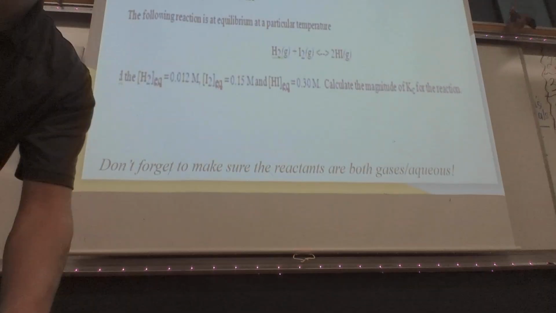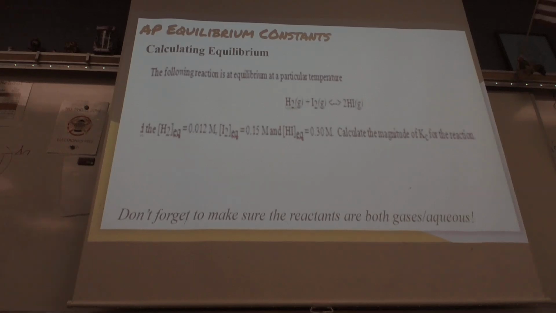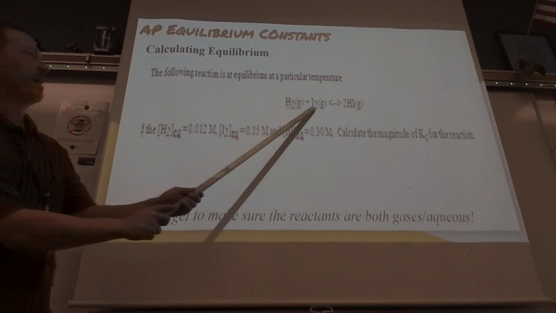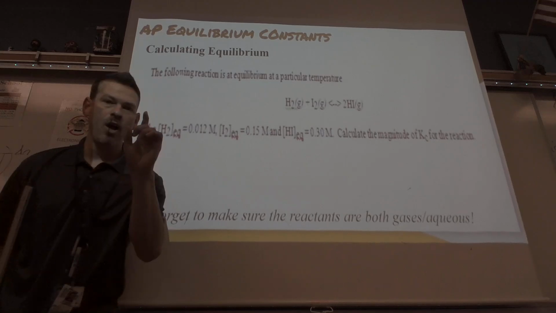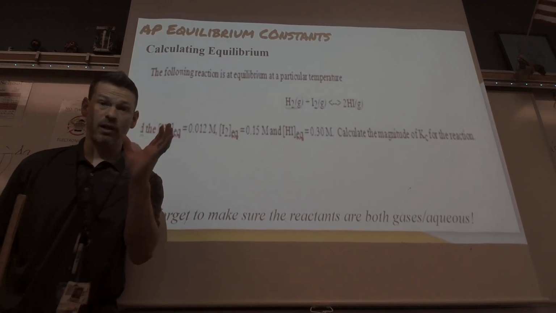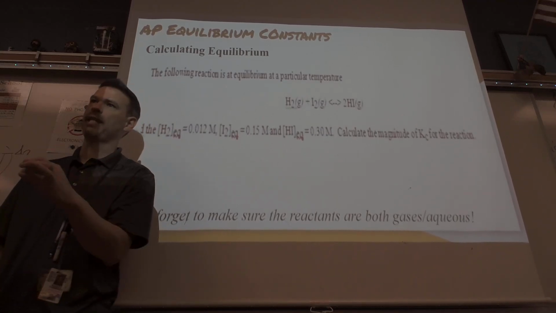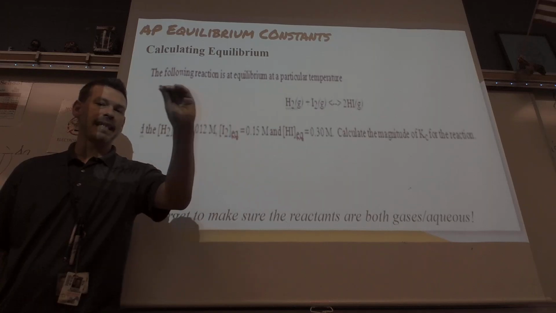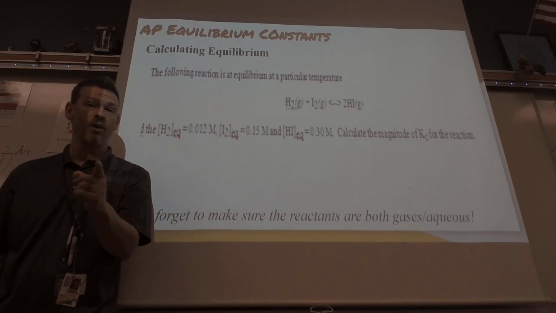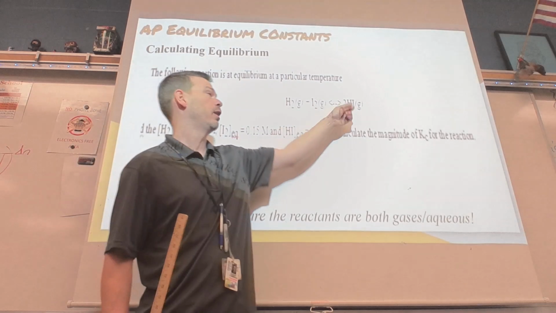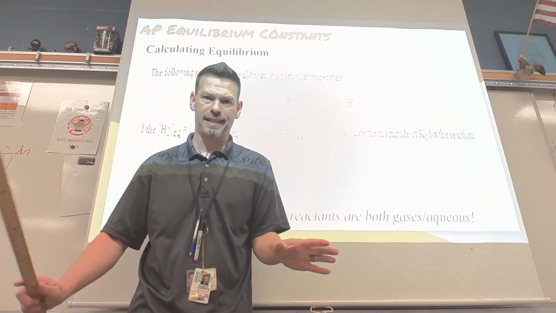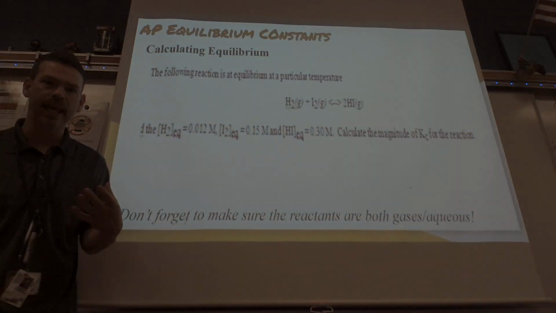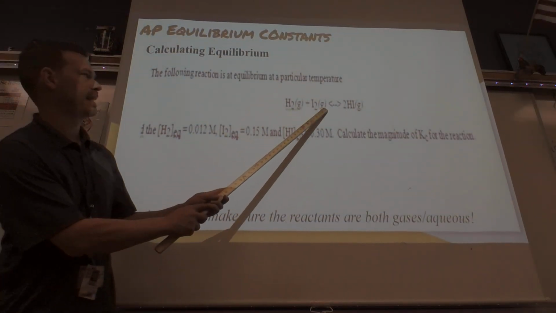Okay, so here is a standard question. It gives you some stuff here. We've got a balanced equation. Hey, remember, only for Kc, for concentration K, only aqueous and gaseous can go in. That's important because if any of these were solid or liquid, we would just ignore their existence for calculating K. But do you see how they're all gaseous?